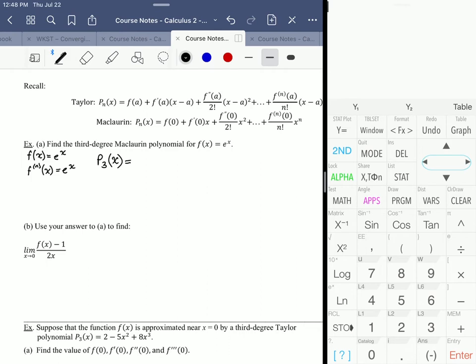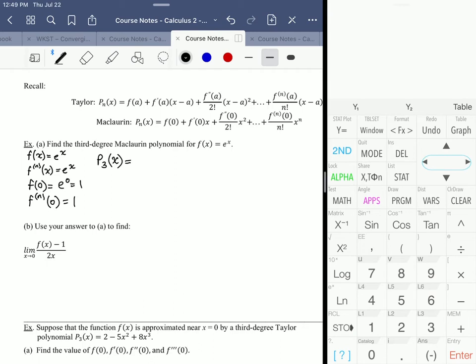All right, so if I evaluate this for when x is equal to 0, I'm going to say f of 0, x equals a equals 0, is going to be e to the 0th, which is 1. The nth derivative of f of 0 would also be 1 because it's the same function.